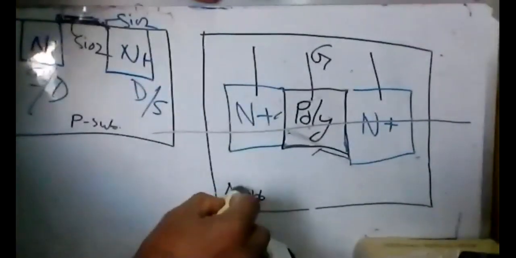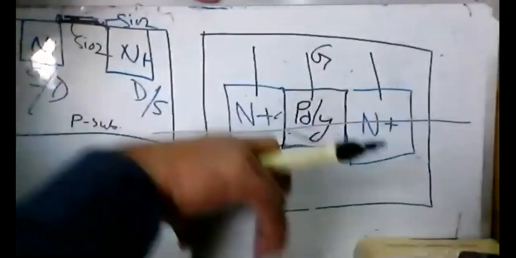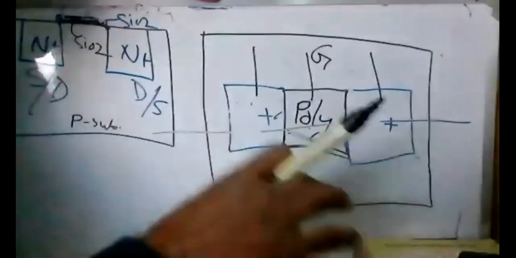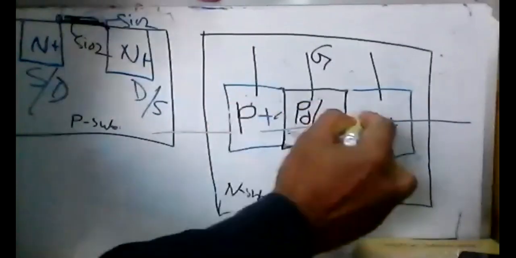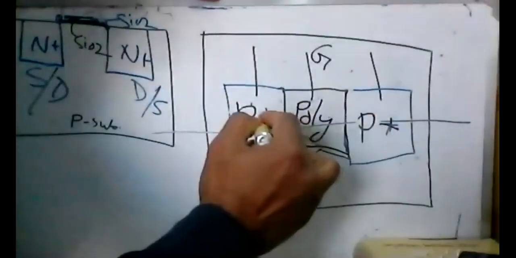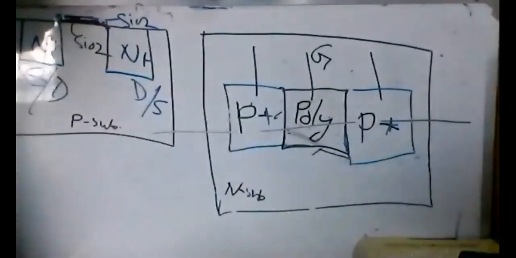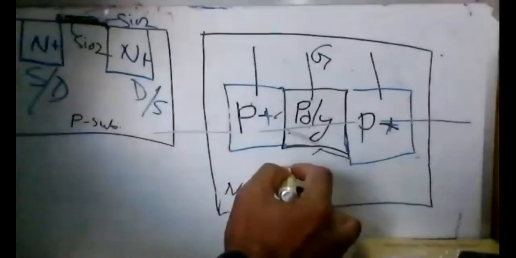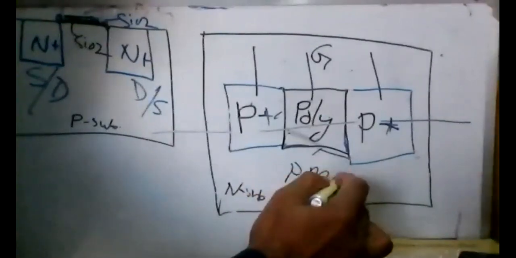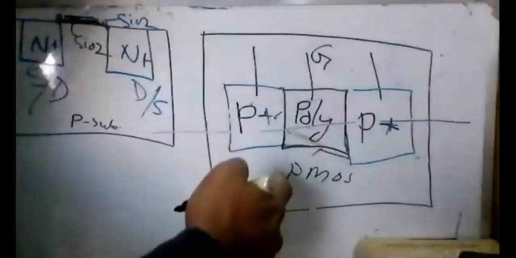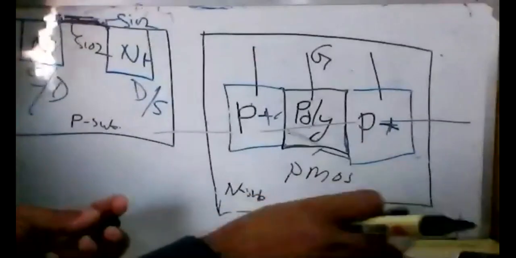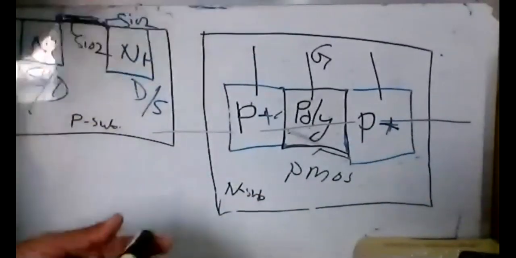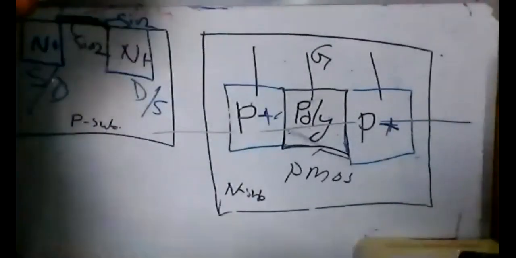It will be n-type substrate, and here it will be p plus, and all others are the same. This is now a PMOS FET, and before it was an NMOS FET. There is no big difference. Very simple. Now we'll see how it works.